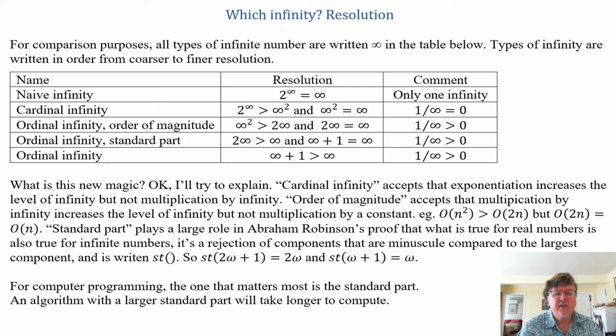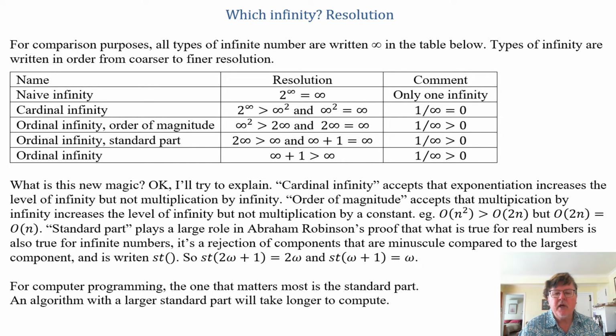Standard part plays a large role in Abraham Robinson's proof that what is true for real numbers is also true for infinite numbers. The standard part is a rejection of components that are minuscule compared to the largest component, and it's written standard part, ST, open brackets, close brackets.